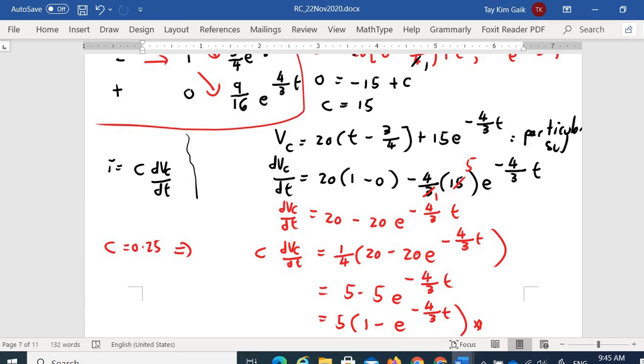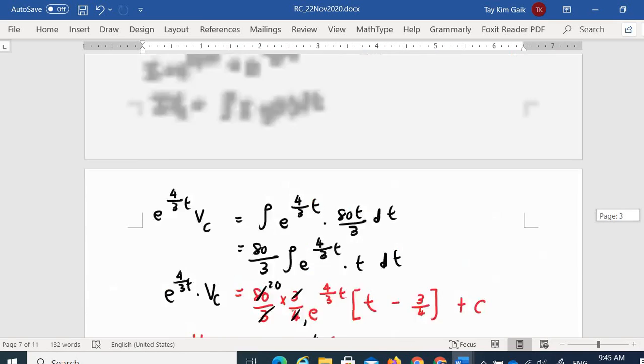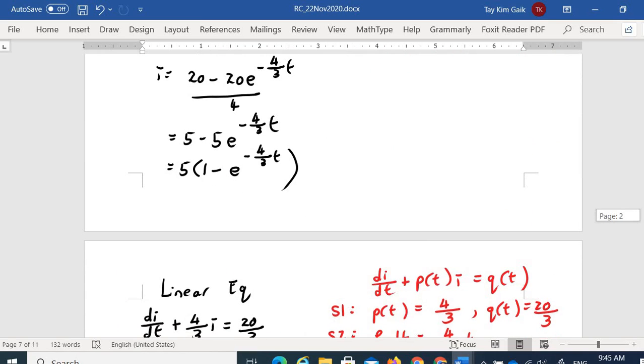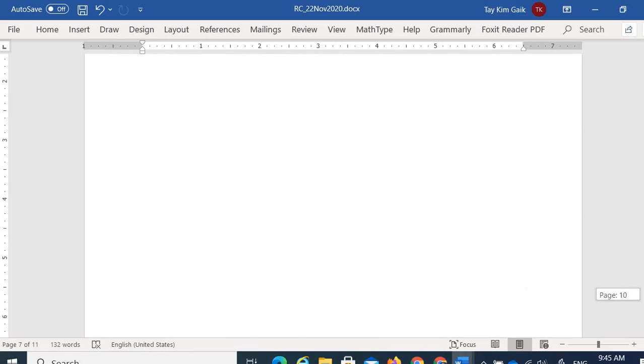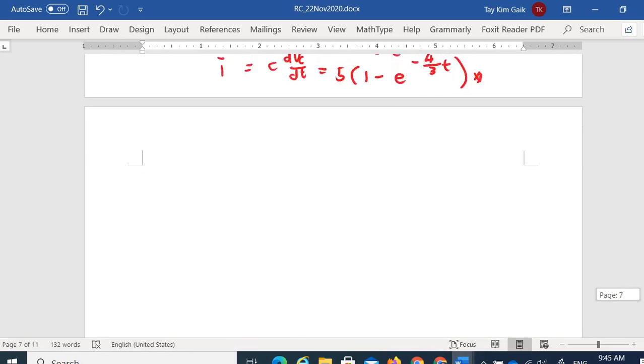So C dVC dt is actually equal to your current I. You check back with the first example, your I is actually 5 times the bracket 1 minus exponent negative 4 over 3t, which tallies.